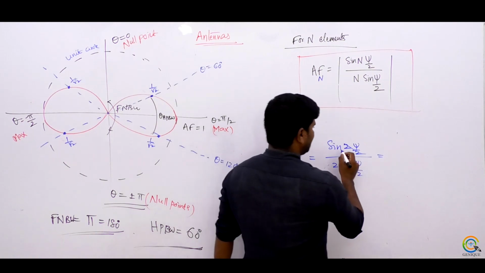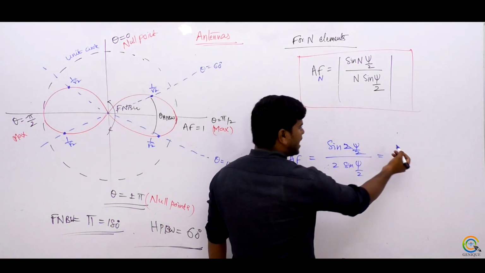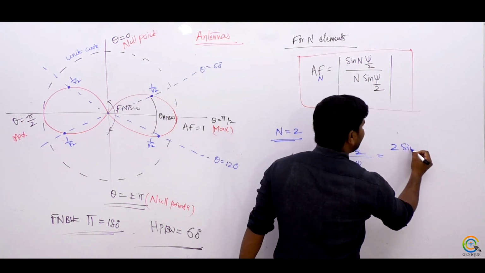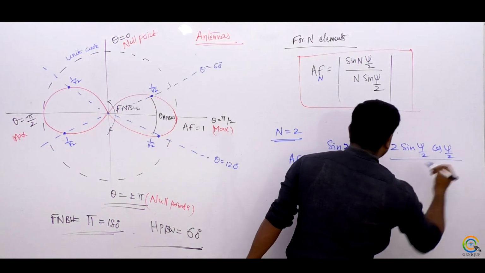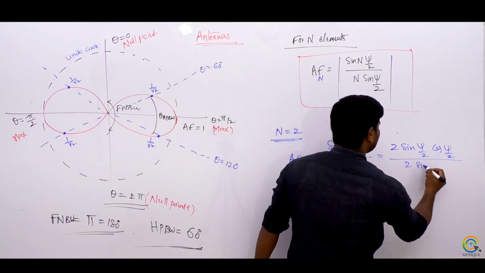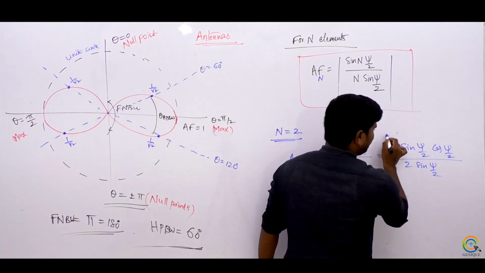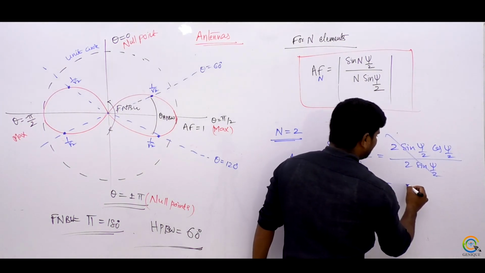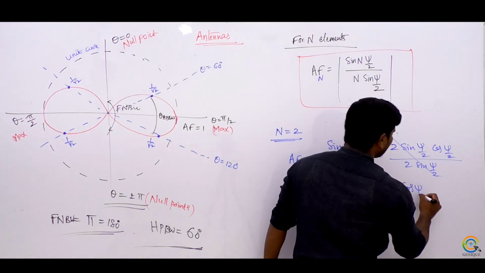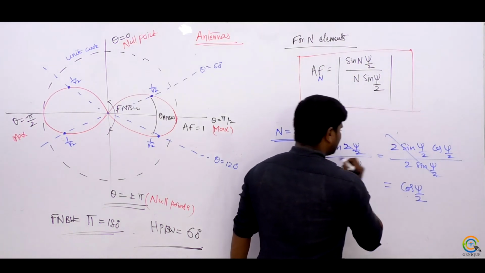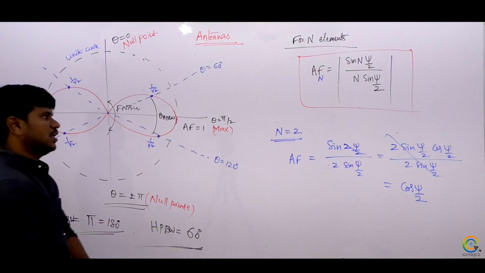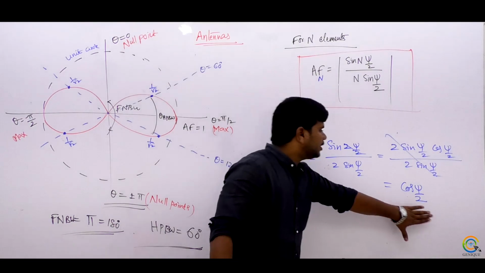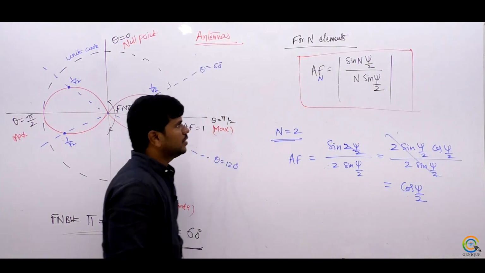If you observe this, sin psi can be written as 2 sin psi by 2 cos psi by 2, divided by 2 sin psi by 2. You can simplify this, and you will get cos of psi by 2, which we already got in the first. So this is the array factor for the 2 element array.